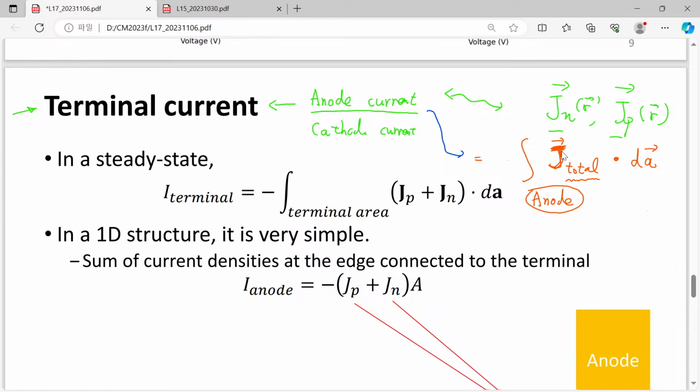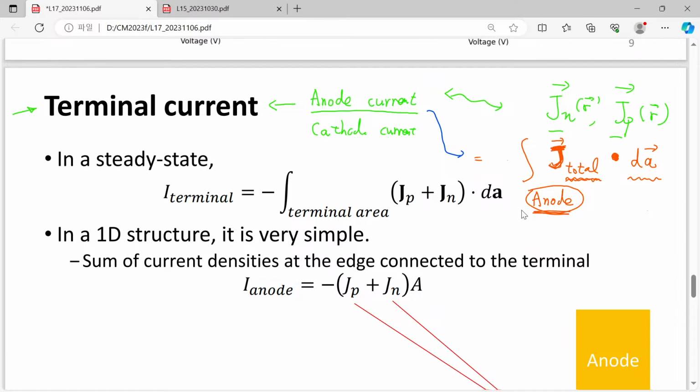Here we have the J vector, which has vector dimension, and here we have a dot, and this is the incremental area, which also has vector dimensionality. So we must have the scalar product. This one becomes a scalar value, and we just integrate over that.